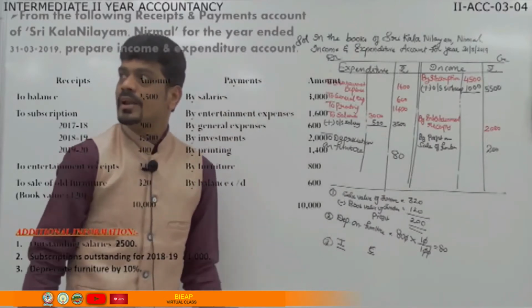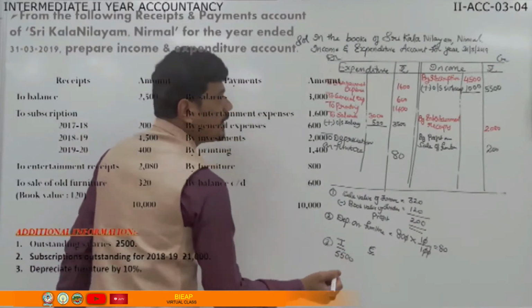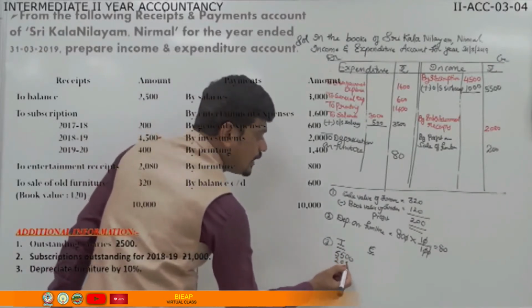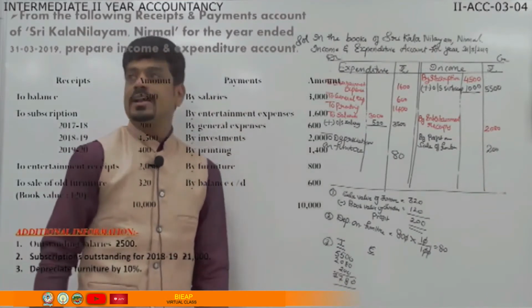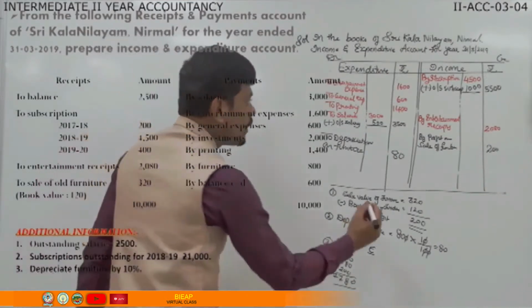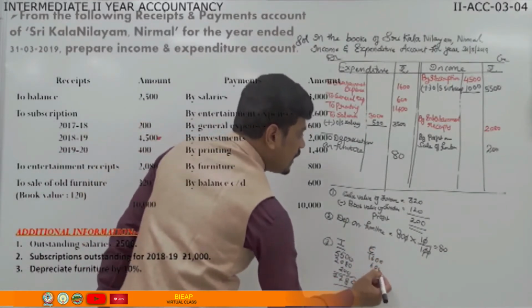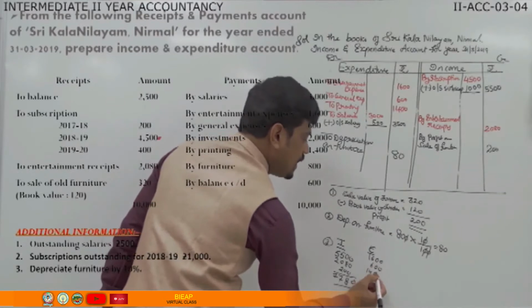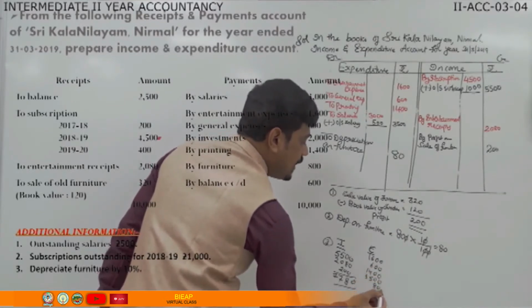Okay. So first we'll write income side. 5,500, 2,080 and 200. 0877. So total is 7,780. Now I'll do expenditure total. 1,600, 600, 1,400, 3,500 and 80.